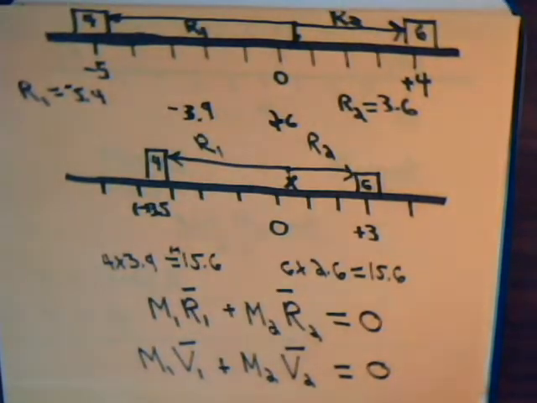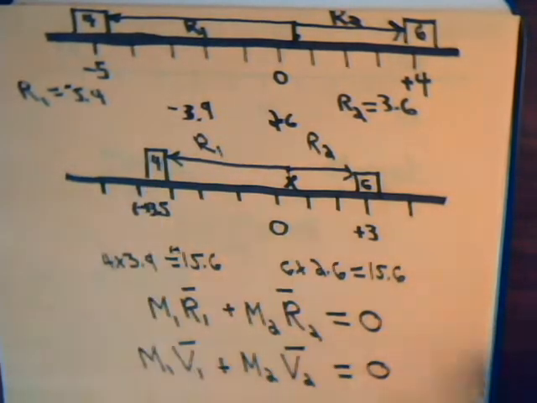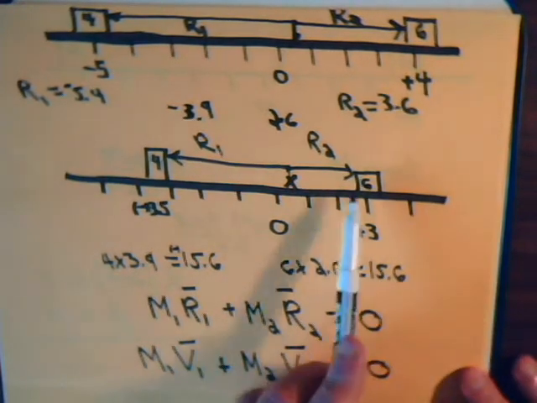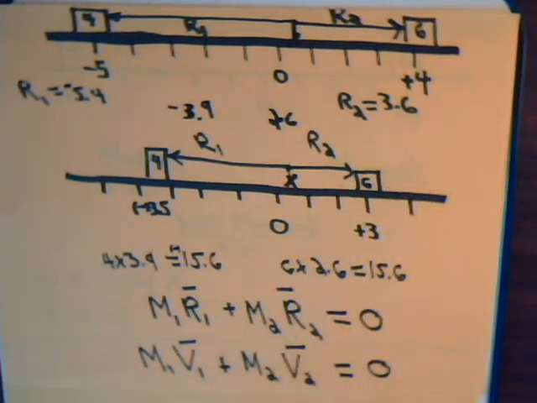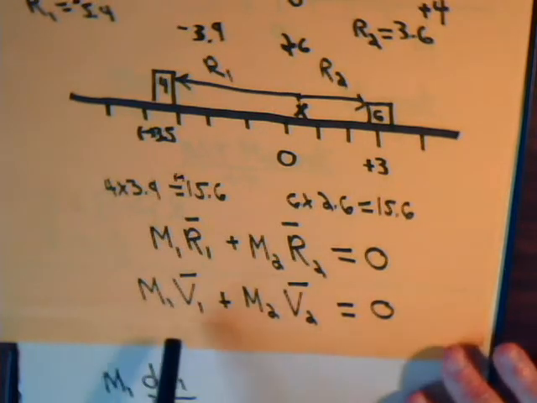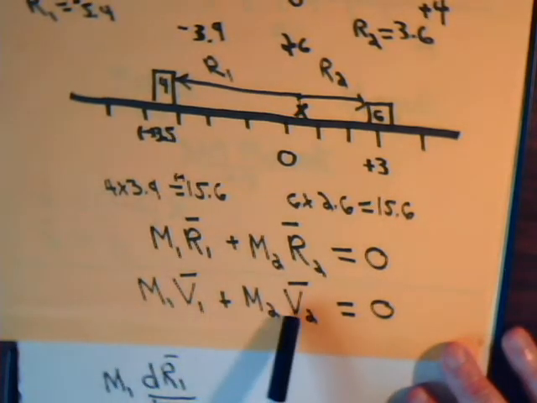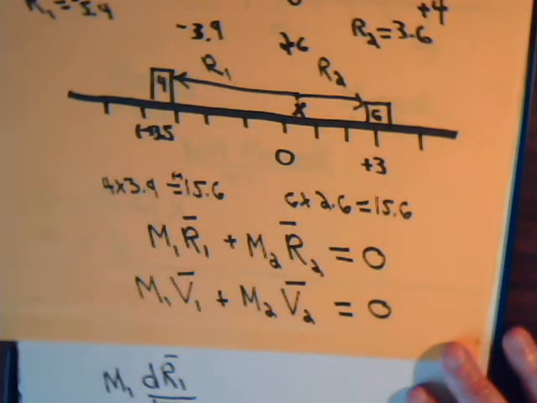The rate of change of the position vector R1 is the velocity of that block. Likewise, the rate of change of the position vector R2, that's the velocity of this block. So, if we take the time derivative of this, we end up with this equation. And it says that the momentum of the system, the mass times the velocity, adds up to 0.